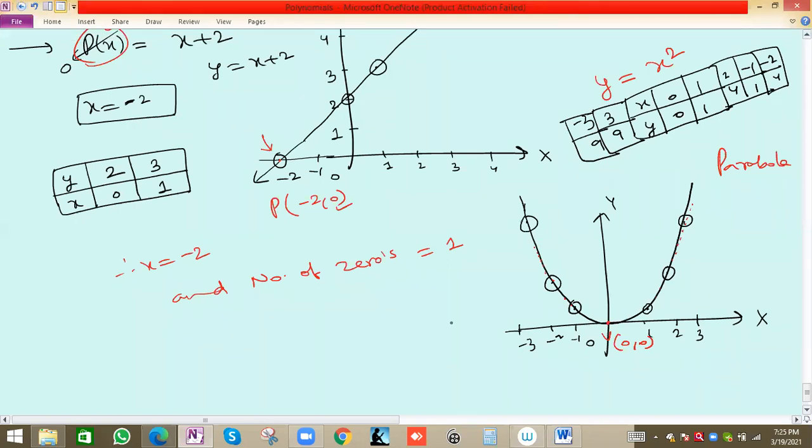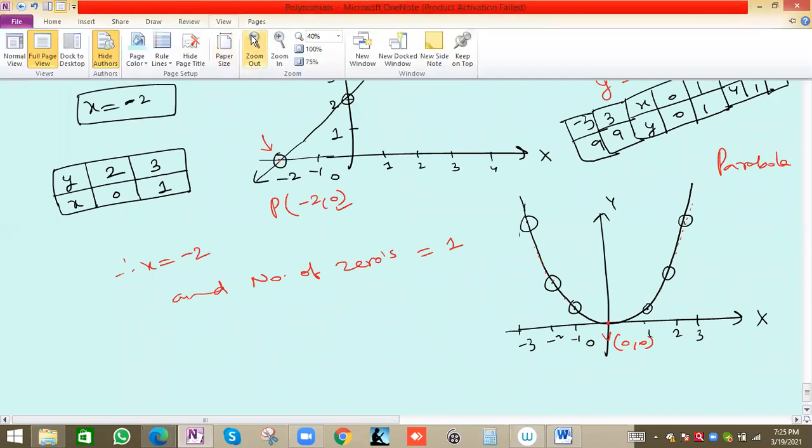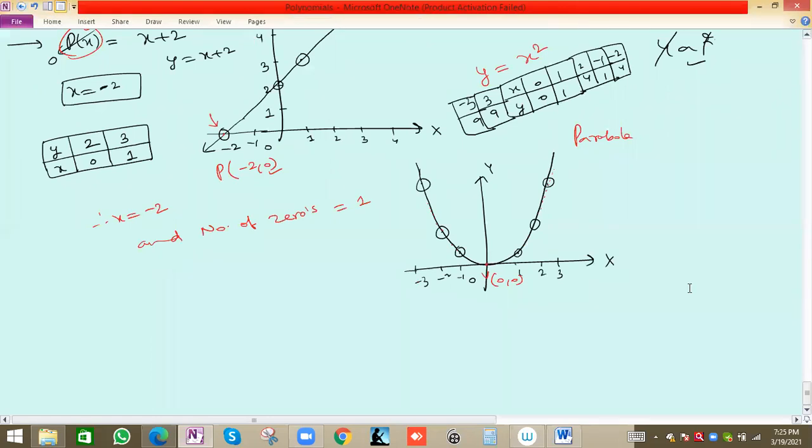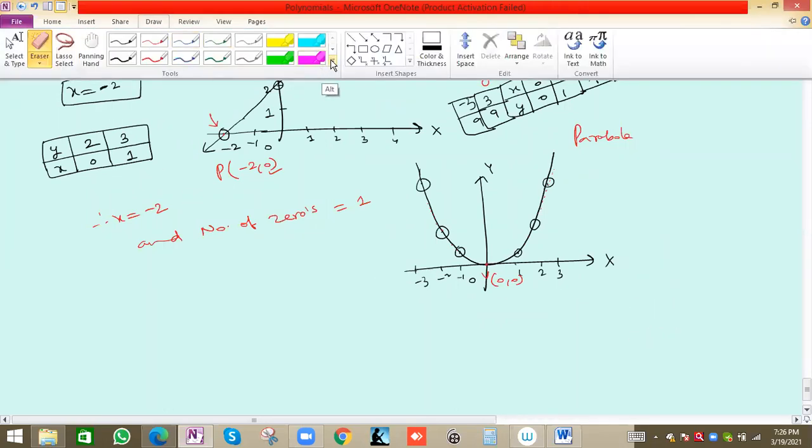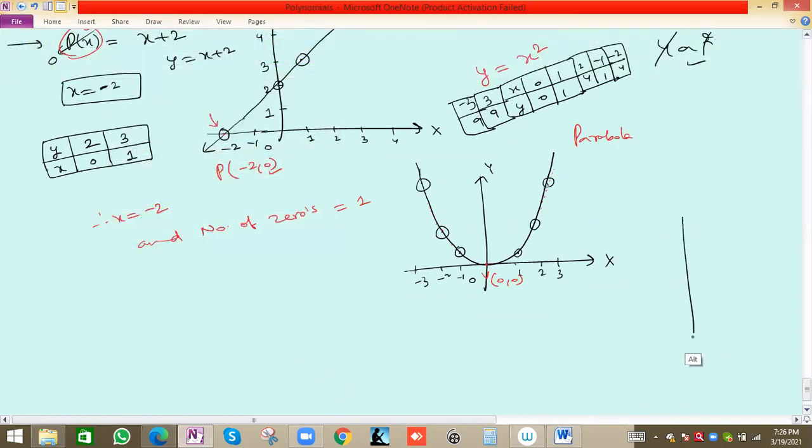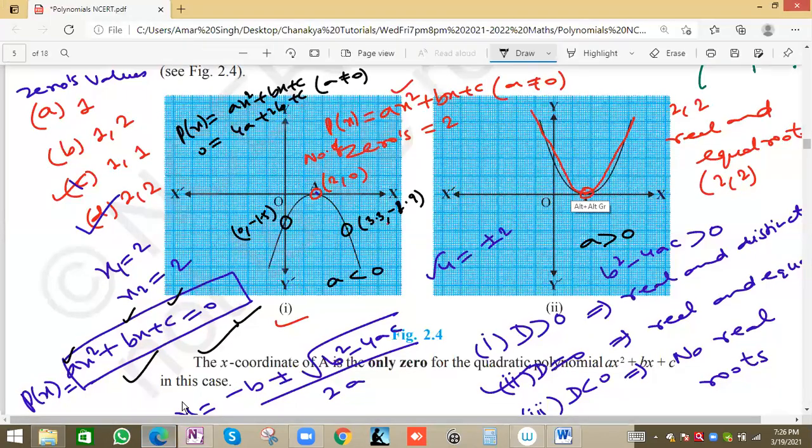Got it? Now in our case, what was the graph? In our last question, the graph was slightly shifted as compared to this graph. This one passes through (0, 0), meaning the vertex is at 0. In our case, opening in the upward direction, the graph was shifted by 2 positions.